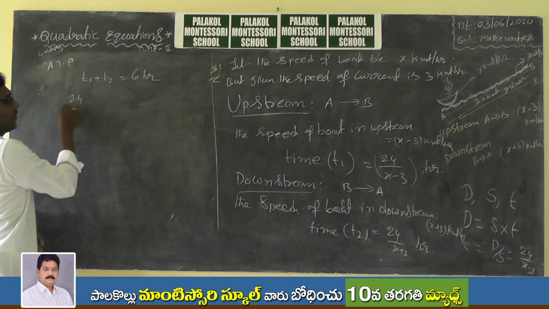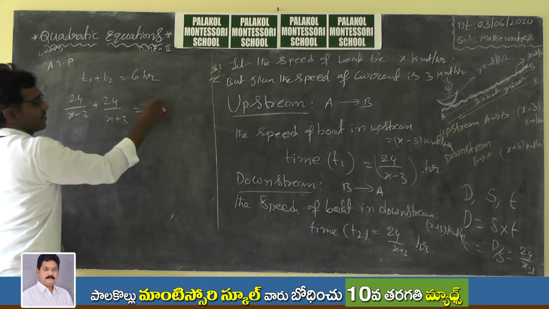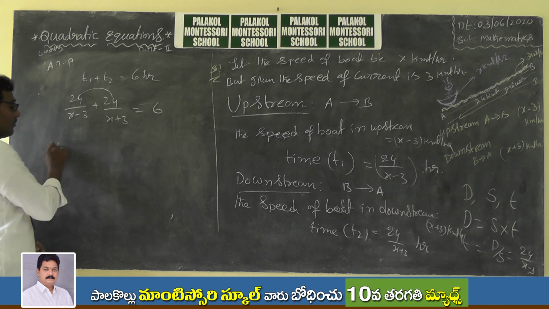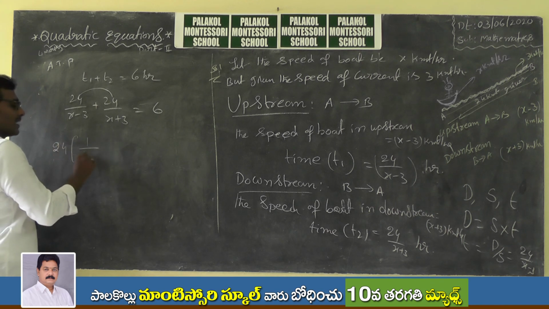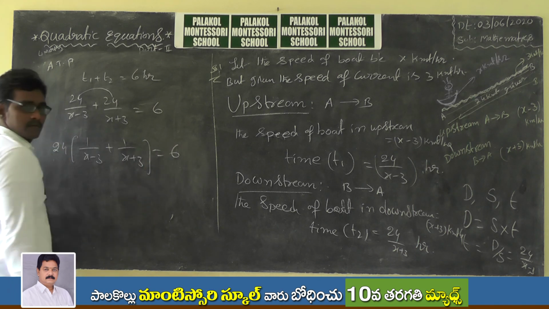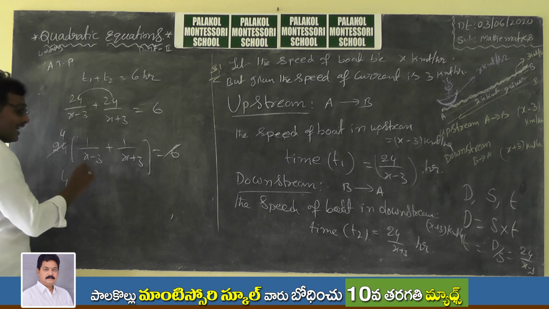So 24 by x minus 3 plus 24 by x plus 3 is equal to 6. In both, 24 is the same number, common: 1 by x minus 3 plus 1 by x plus 3 equals 6 by 24. The 6 how many times is cancelled? 4 times.